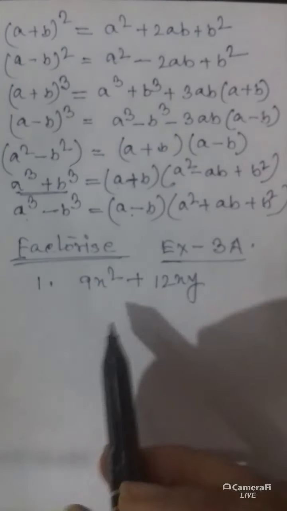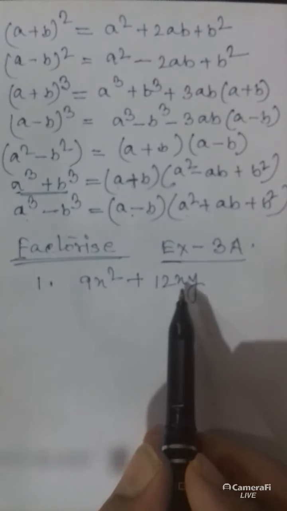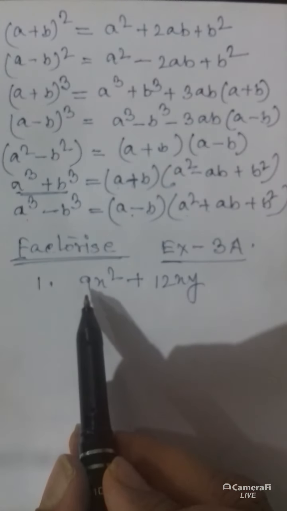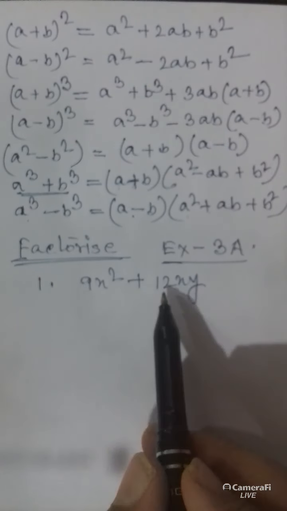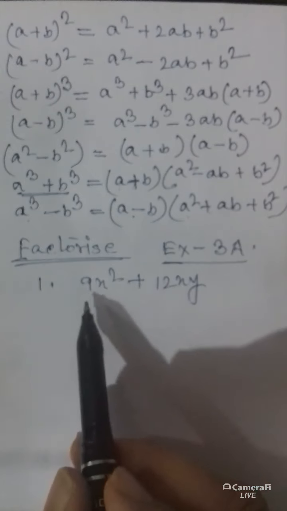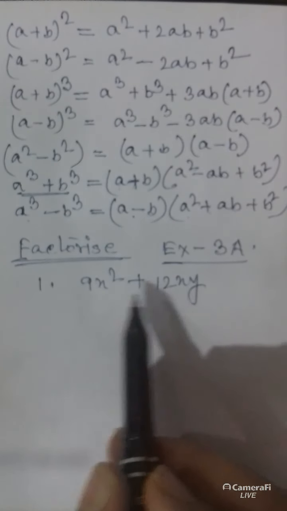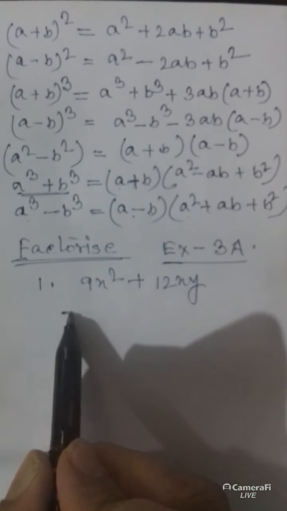What is the common factor between the two terms? 9x square plus 12xy. Here the coefficient of x square is 9 and the coefficient of xy is 12. So 9 and 12, what is the common? The HCF of 9 and 12 is 3.